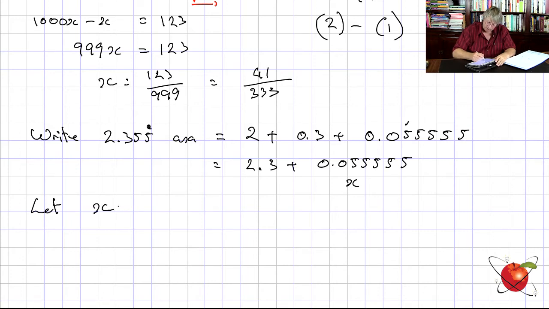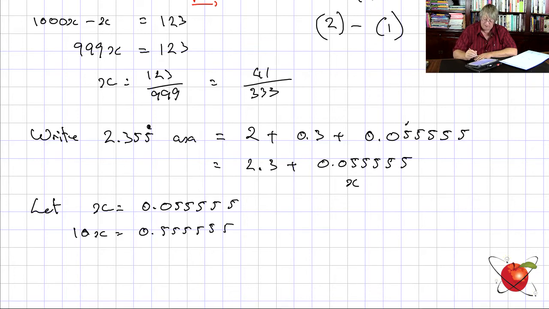Let x equal 0.055555, haven't we? Okay, so what do we do now? Well, we want to manipulate this so that we've got 5s there. In other words, we want to multiply this by 10. So 10x is going to be equal to 0.55555, and so on.